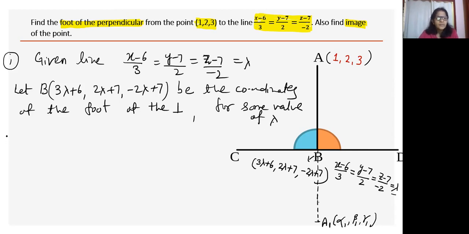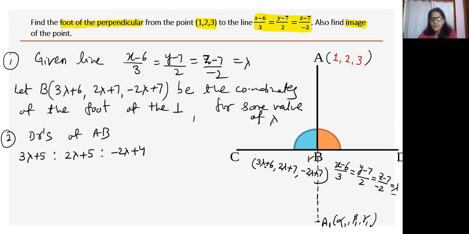Step 2 is getting the direction ratios of AB. So we can apply x2 minus x1, y2 minus y1, z2 minus z1. So direction ratios of AB are 3 lambda plus 5, 2 lambda plus 5, minus 2 lambda plus 4.